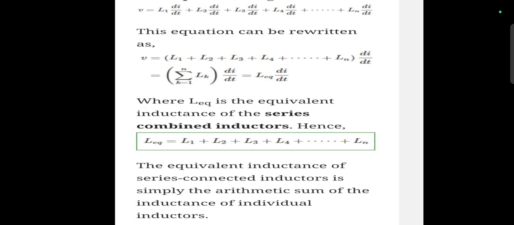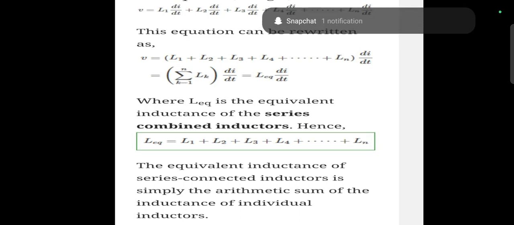Hence, Leq is equal to L1 plus L2 plus L3 plus L4 and so on, plus Ln. The equivalent inductance of series connected inductors is simply the arithmetic sum of the inductances of the individual inductors.